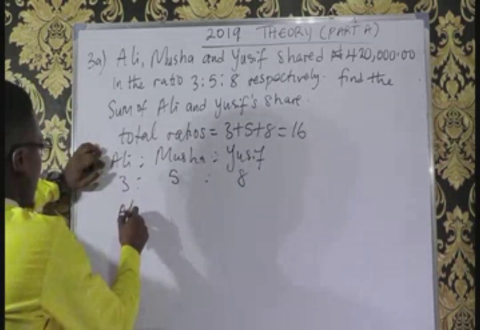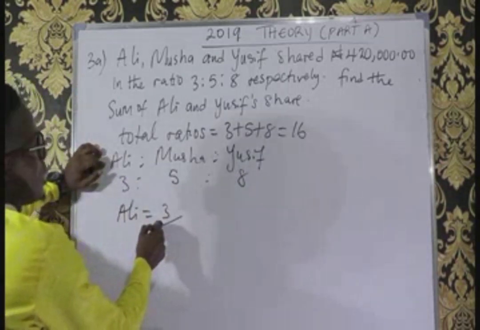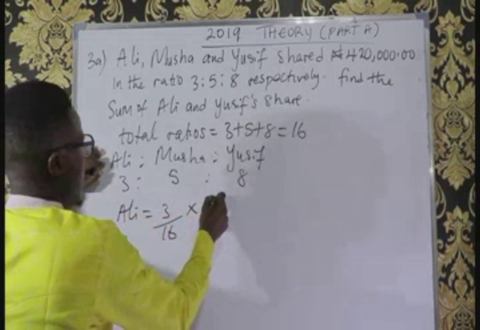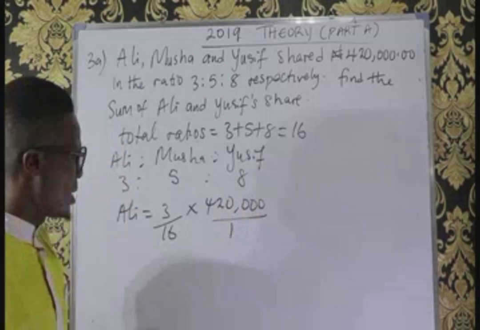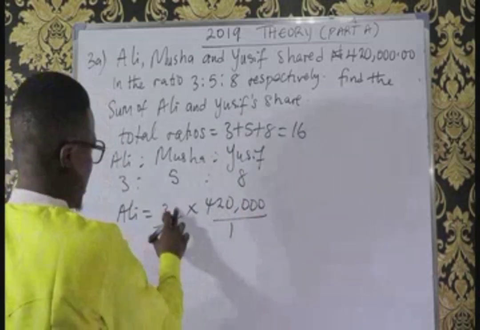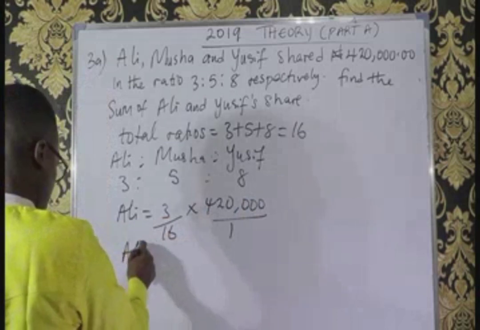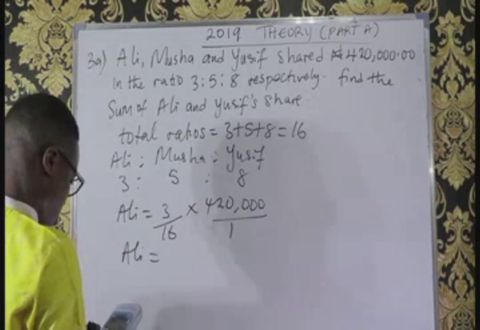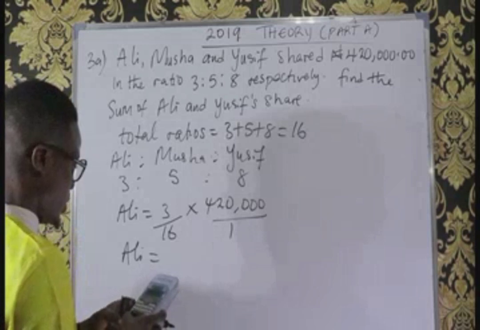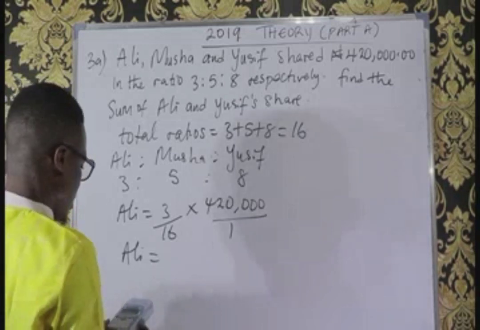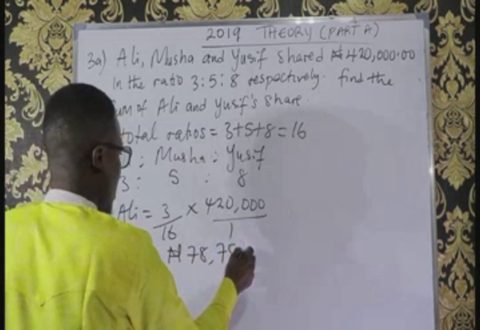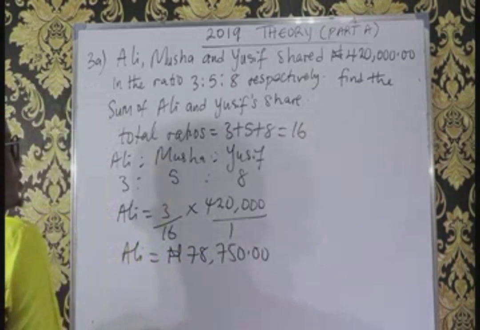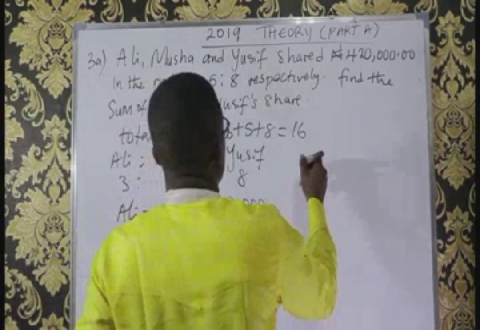So Ali, we get 3 over total of 16 multiplied by 420,000 naira all over 1. Without wasting time, just multiply this by 3 divided by 16. So Ali will give us 3 times 420,000 naira, then divided by 16. That will give us 78,750 naira, no kobo. Also, we look for Yusuf's share.